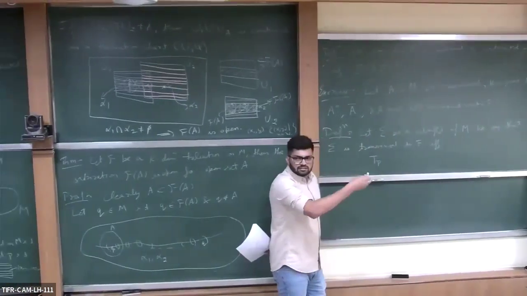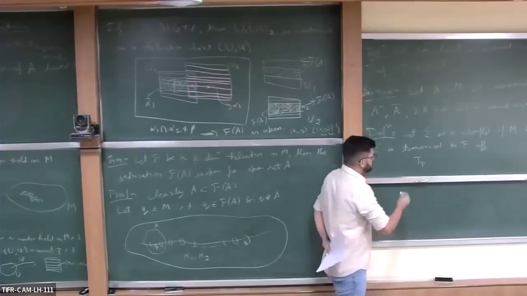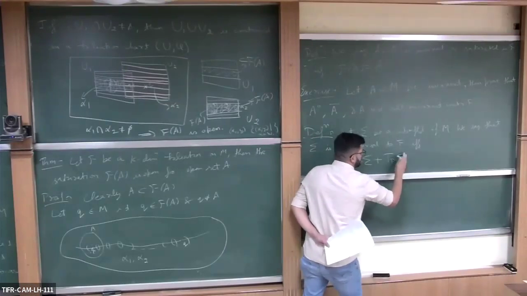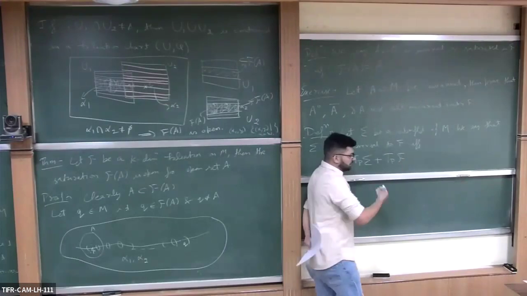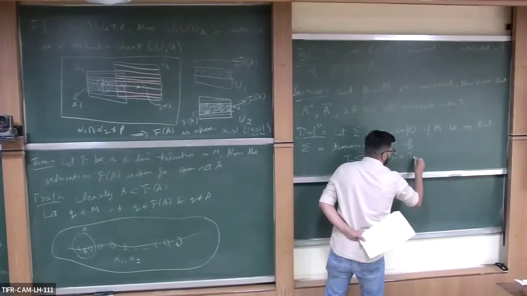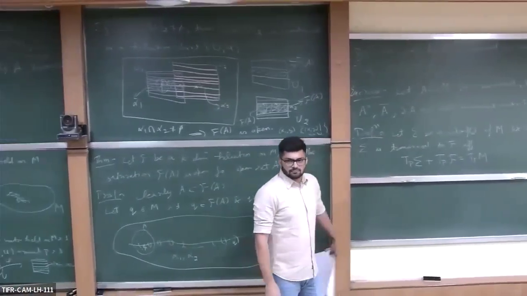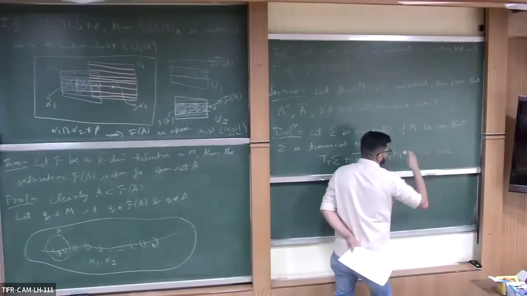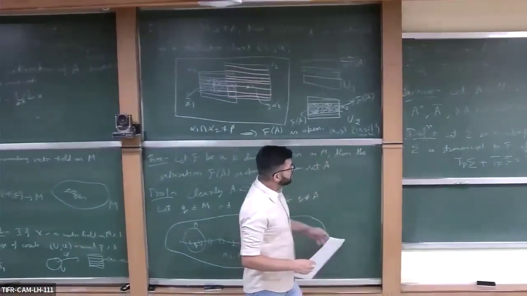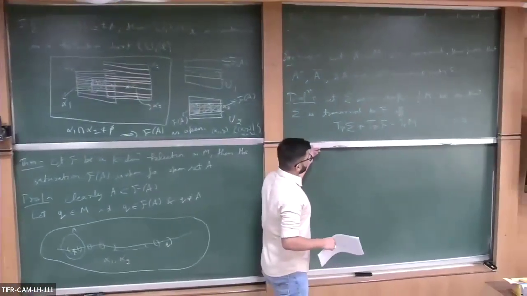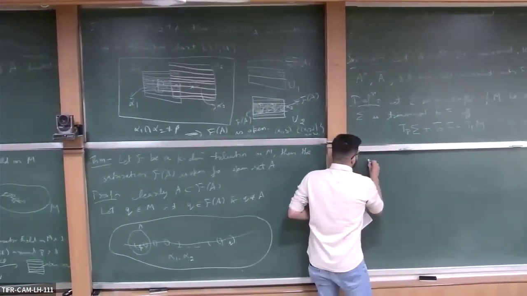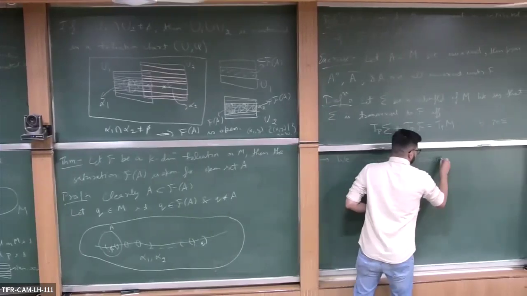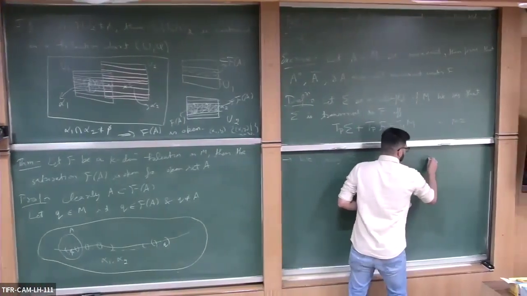Since sigma is a submanifold, there is a tangent space corresponding to it, and this tangent subspace, along with the tangent subspace of the foliation, spans the whole tangent space of the manifold. This is true for all points. And we say sigma is a transverse section.